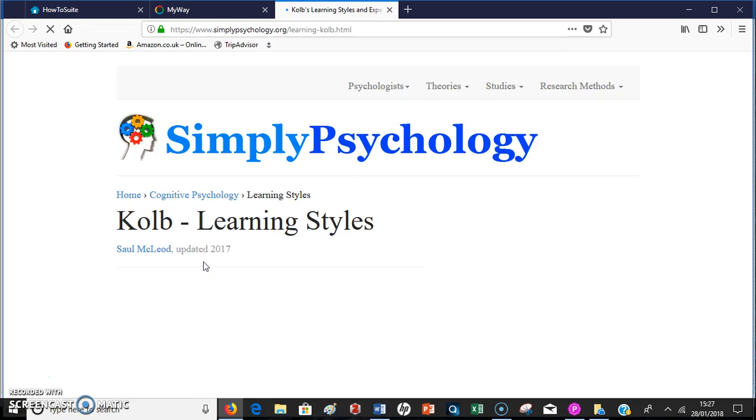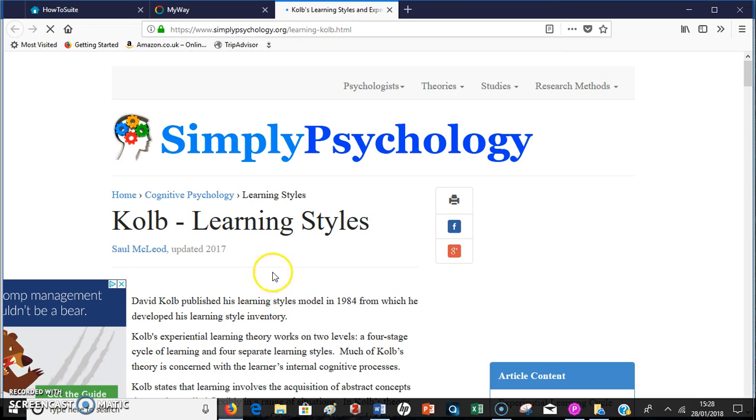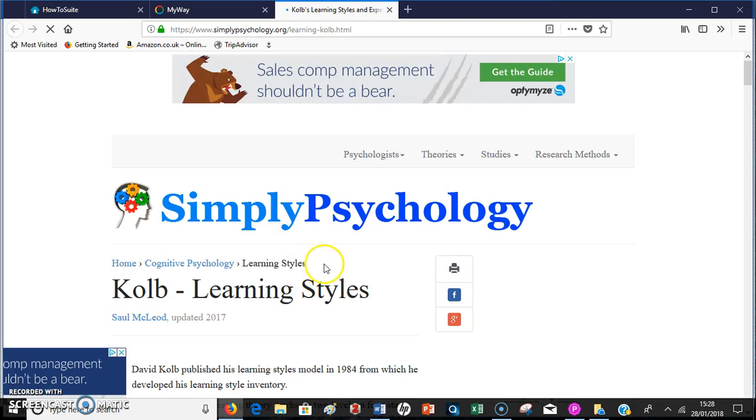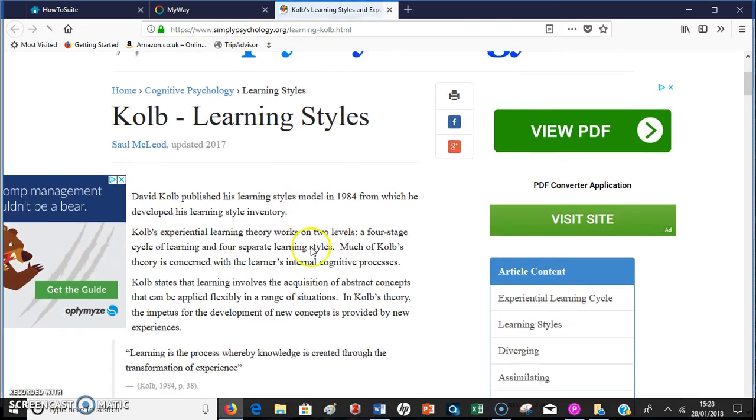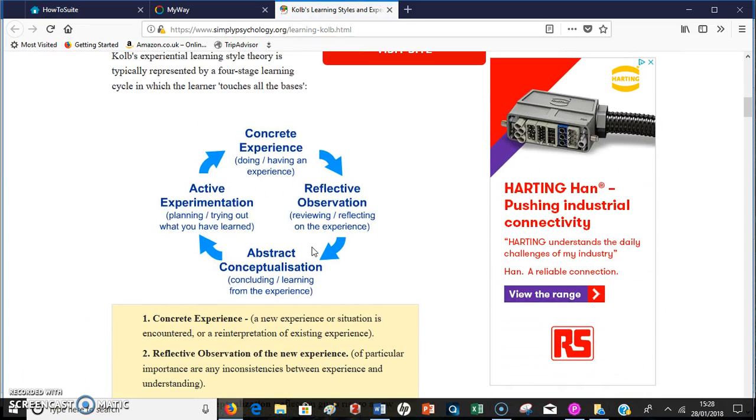Okay, so we'll just click on that, and you'll see that there's a lot of information. Let's just go down to the actual learning cycle. This is what he's famous for. Alright, he says that we actually learn by doing, so you can start anywhere on the cycle, but let's just say we started here, having an experience, reflecting upon it, going through to the next phase, which it calls abstract conceptualization.